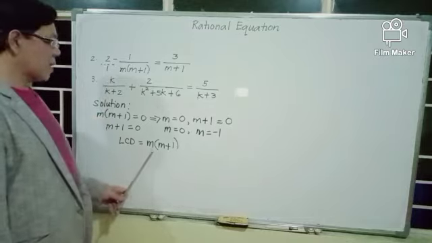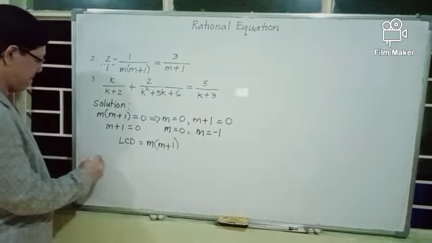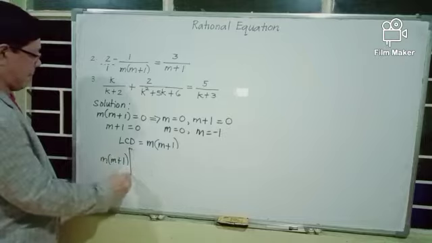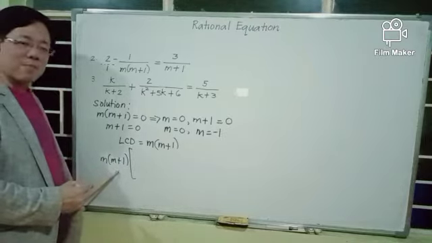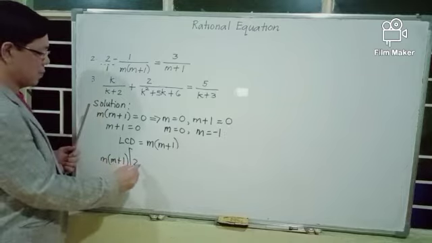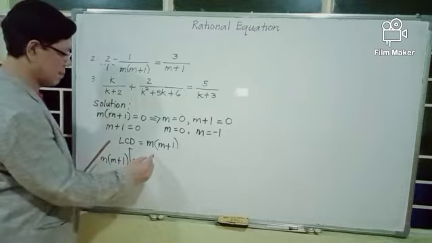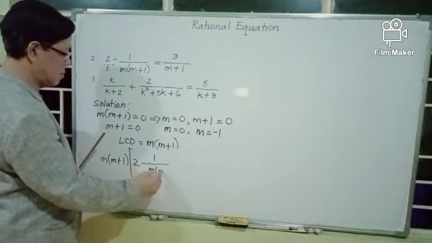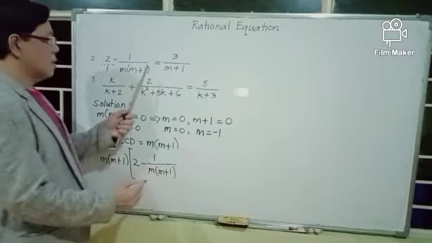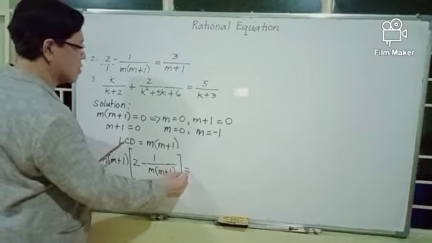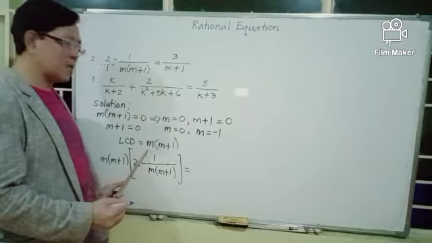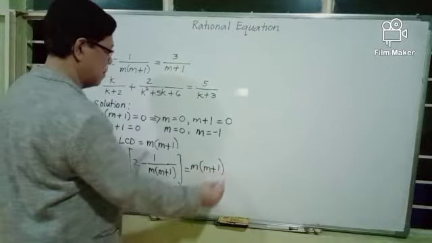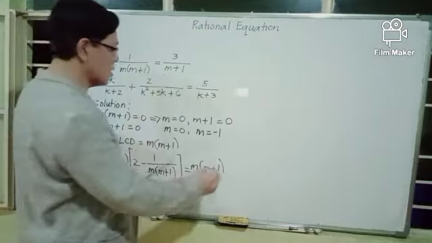You multiply the left-hand side by m times m plus 1: the LCD m times m plus 1 multiplied by the left-hand side, 2 minus 1 over m times m plus 1, equals, multiply also the right hand side by the LCD m times m plus 1. Multiply by the right hand side, 3 over m plus 1.